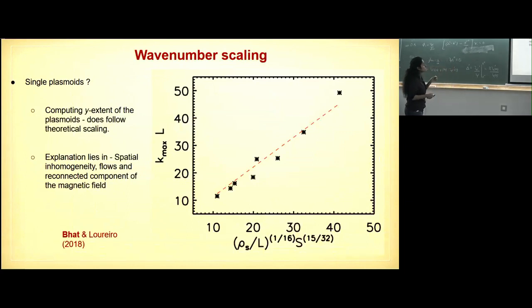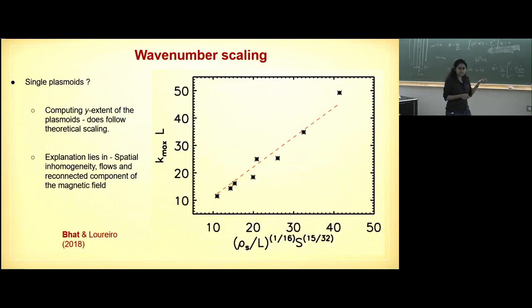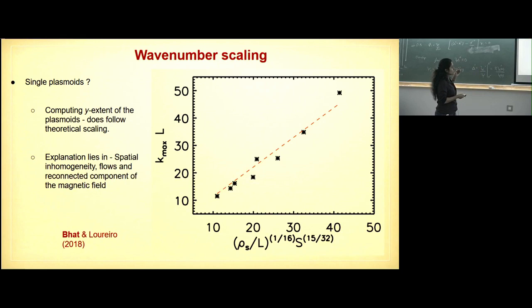So the one peculiarity that we did see in all these simulations is that there was a single plasmoid. Since we were ranging from 250 to Lundquist number of 5,000, so going to really large Lundquist numbers, my k-max scaling would have predicted seeing many plasmoids as opposed to only one single plasmoid.